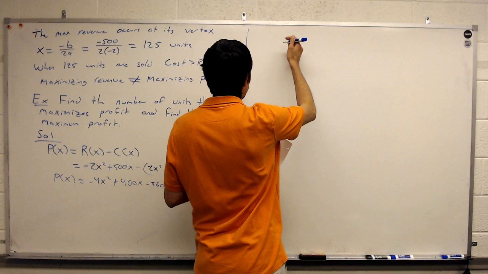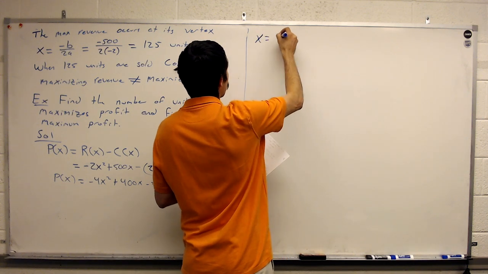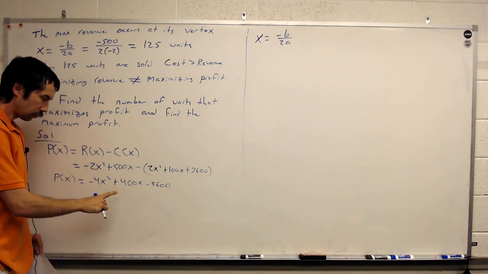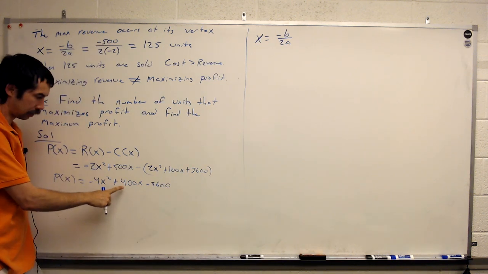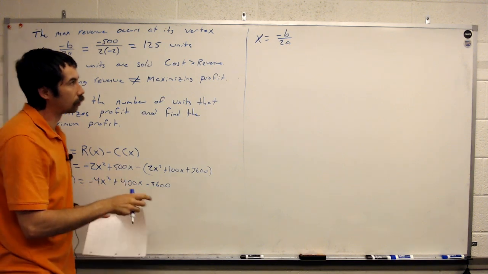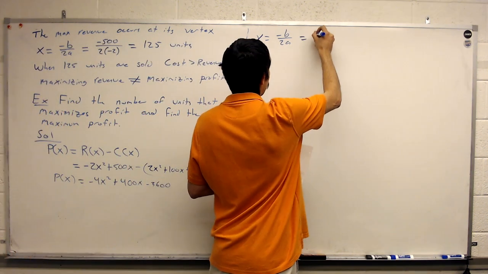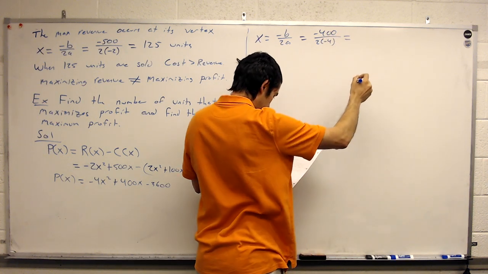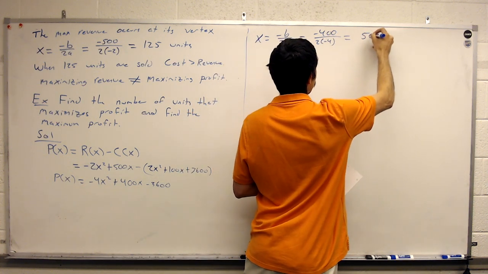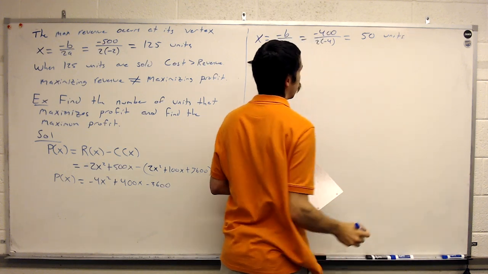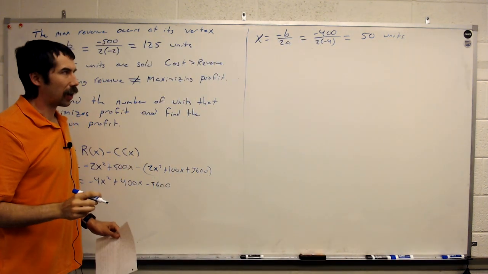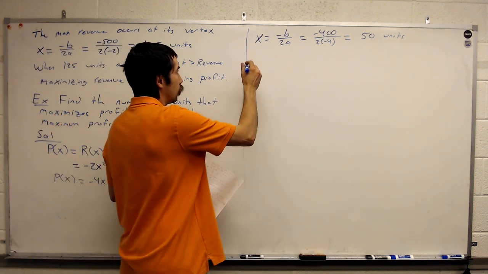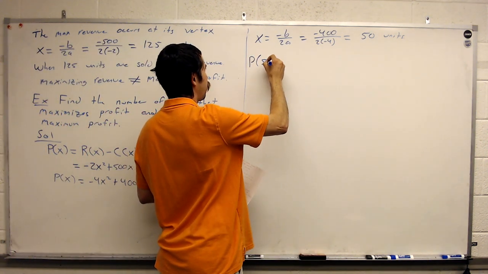All right, so to find the vertex, we know that x equals negative b over 2a. Negative 400 over 2 times negative 4. Okay, and this is 50 units. So our profit is maximized when 50 units are sold. And what is our profit? Well, we just need to figure out what P of 50 is.